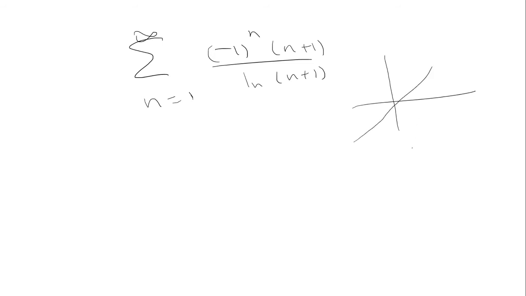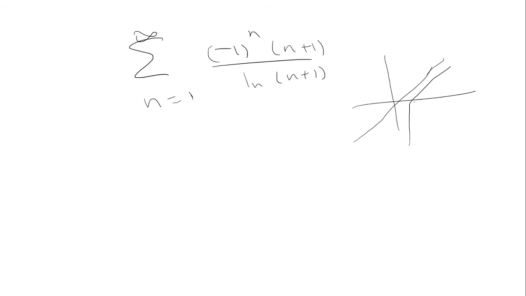Okay, next we have the sum from n equals 1 to infinity, negative 1 to the n, times n plus 1 over ln of n plus 1. So this looks very weird, and it's alternating, but n plus 1 over ln of n plus 1, this makes me think that the limit is not 0, and the reason is because n plus 1 is bigger than ln of n plus 1, because if you're looking at a line versus a log, it looks something like this.